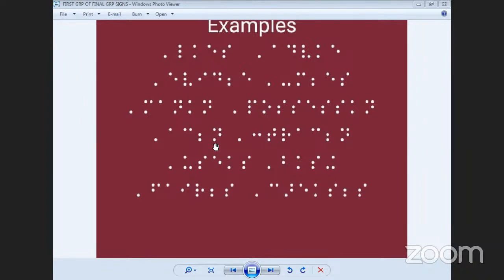Action. Yes, this one is now action. It is capital letter sign A, C, then we are having dots 56 N. Remember 56 N is tion, T-I-O-N. So this is action.